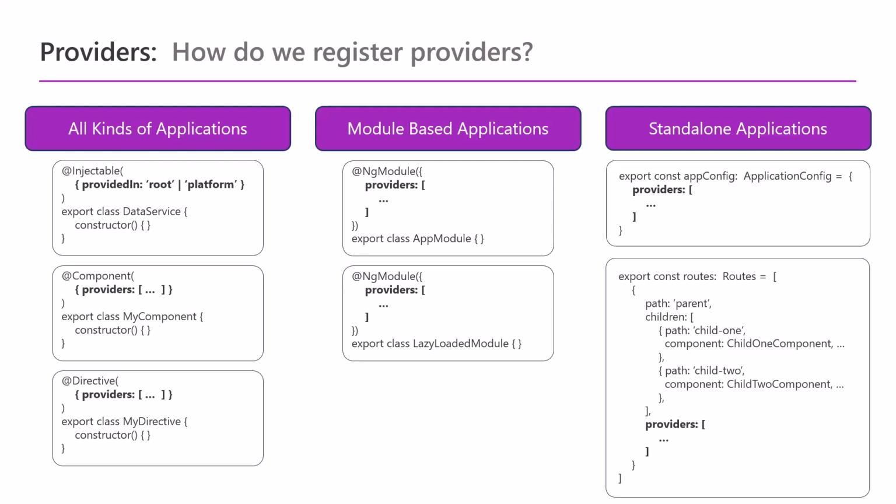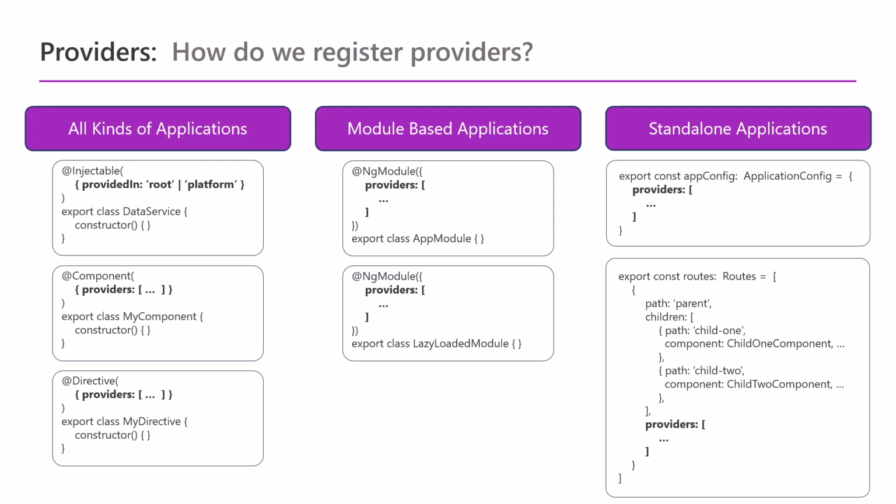For module-based applications, there's a providers array in both the application-wide AppModule NgModule decorator, as well as the NgModule decorator for lazily loaded modules. And essentially, when we add our provider object to either of these providers arrays, the instance of the resource is available to all of the consumers, the components, directives, and services within that portion of the application.